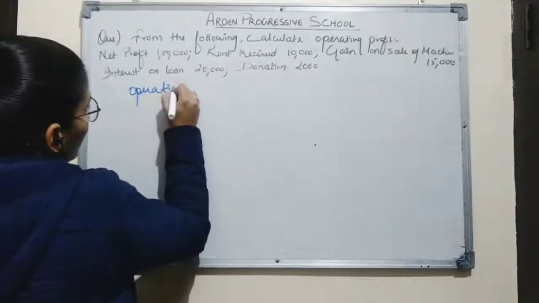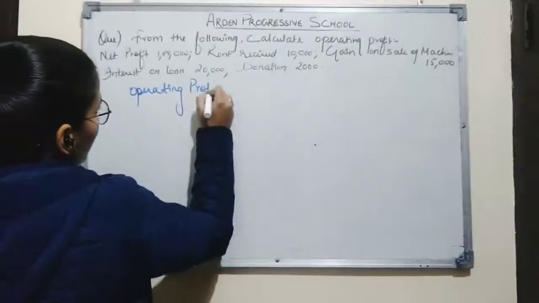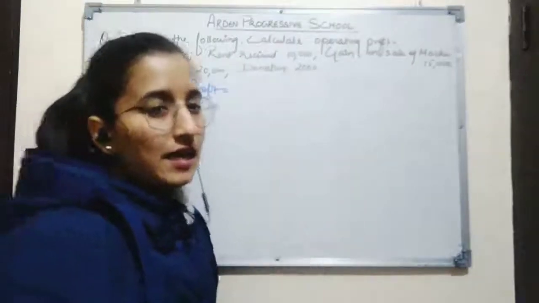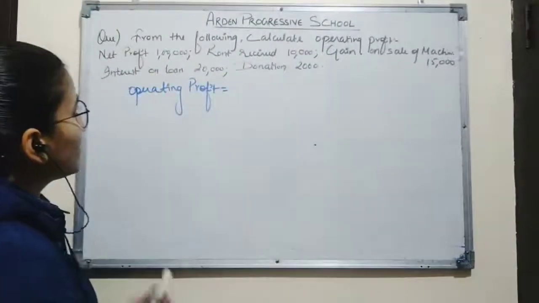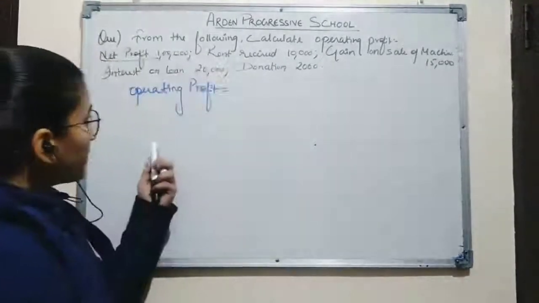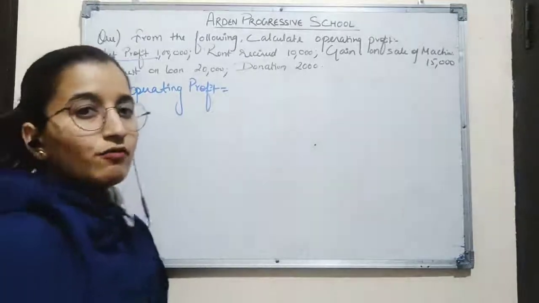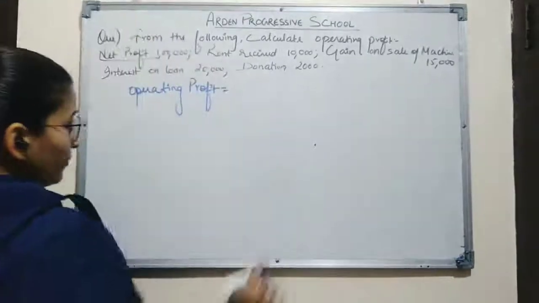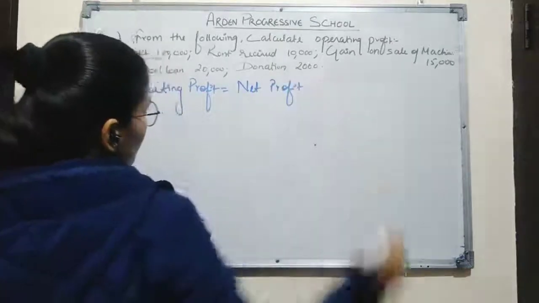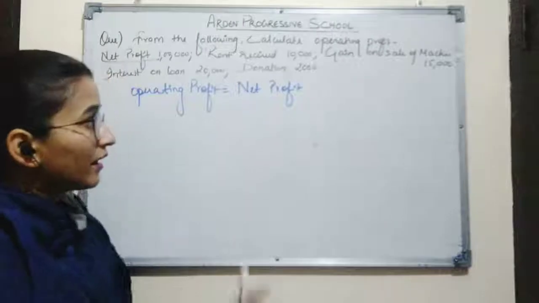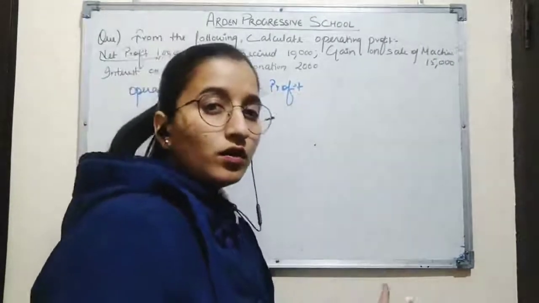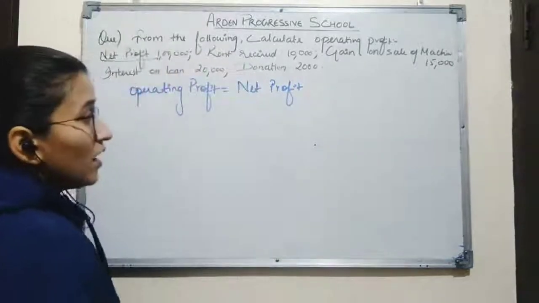So as we know, the formula for calculating operating profit is gross profit minus all the operating expenses. But here in the question, we have been given net profit amounting to rupees 1 lakh. So operating profit is basically calculated before net profit. So here, to find out the amount of operating profit, we will be deducting all the non-operating incomes and we will be adding all the non-operating expenses.